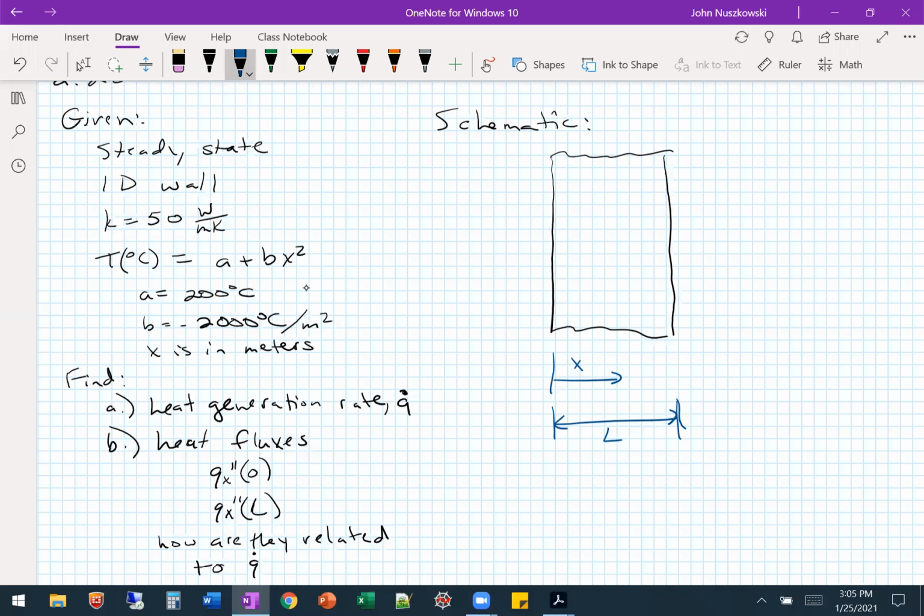And then we're given this temperature distribution with the constants, so if we were to just plot what that would look like, it's going to look like this. Okay.